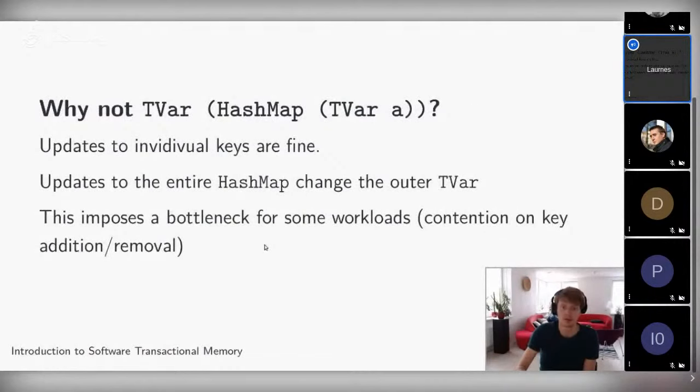So updates to individual keys are fine, but updates to the entire hash map change the outer tvar, and for some workloads, if you have key addition or key removal, then this can give you a lot of contention. And the contention is where your entire program cannot make any progress because it's mostly spending time bookkeeping and retrying STM transactions, which keep repeatedly failing because some other STM transaction is also going on the same data.